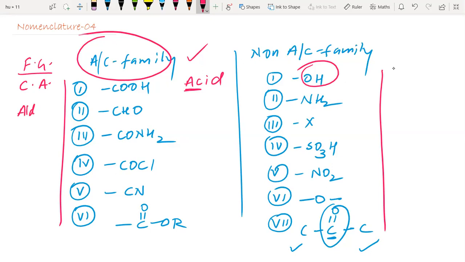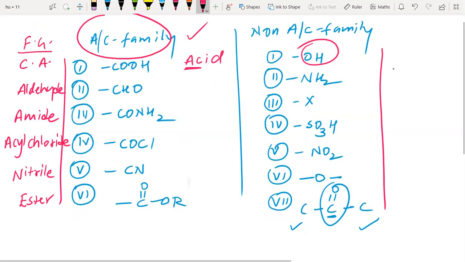This is aldehyde. Here we have amide. This is acyl chloride. Next we have alkyl nitrile. And finally we have ester. We'll see how to write the common name.